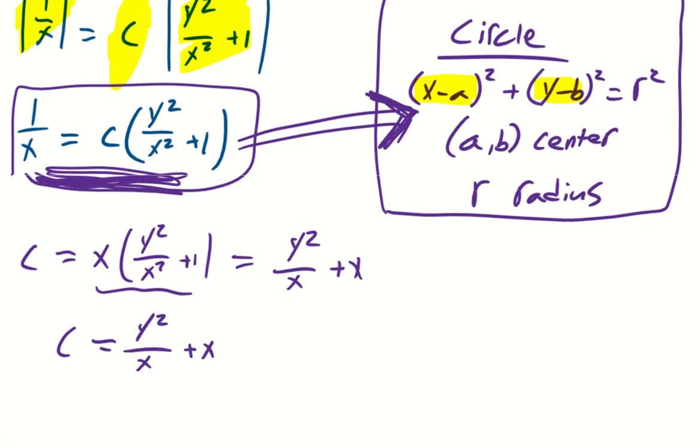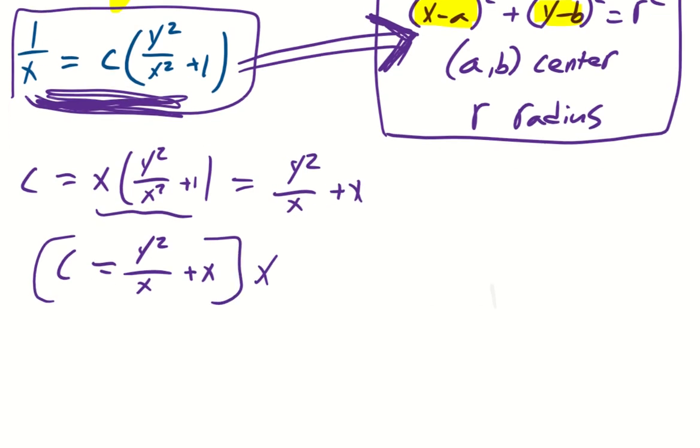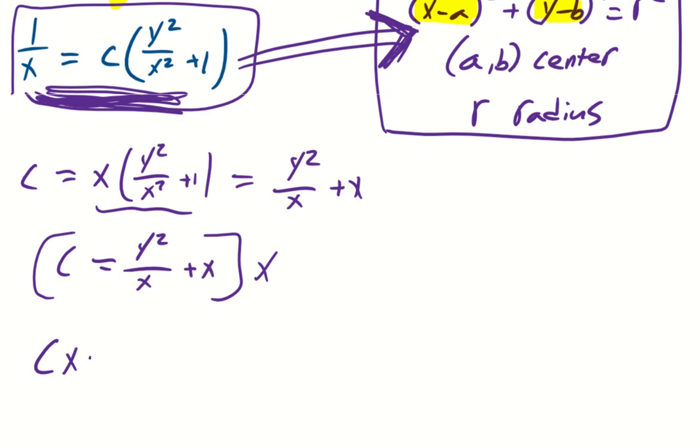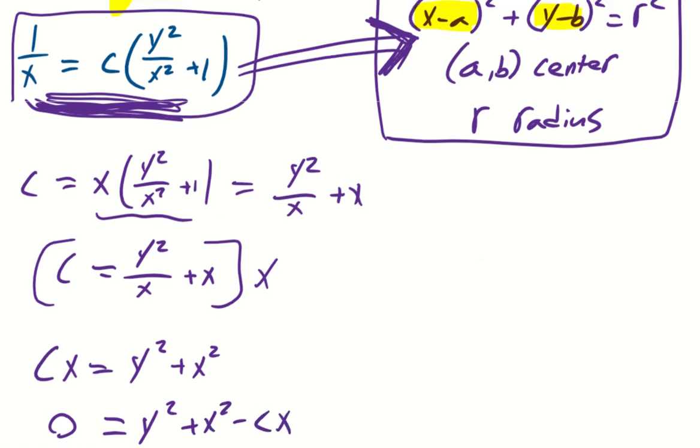And the only way I think this is going to work is if we multiply this entire equation by x. And so we have cx is equal to y squared plus x squared. So we're much closer. Then we can say 0 is equal to y squared plus x squared minus cx. All right, now we're much closer.